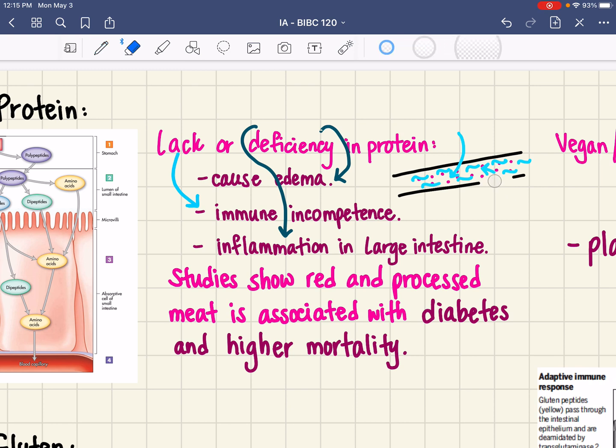Now, if the person is deficient in protein, let's go back to drawing our vessel again. If the individual has very little protein in their blood vessels, then water will be leaving the blood vessel because there is no oncotic pressure that keeps the water inside of the blood vessel.